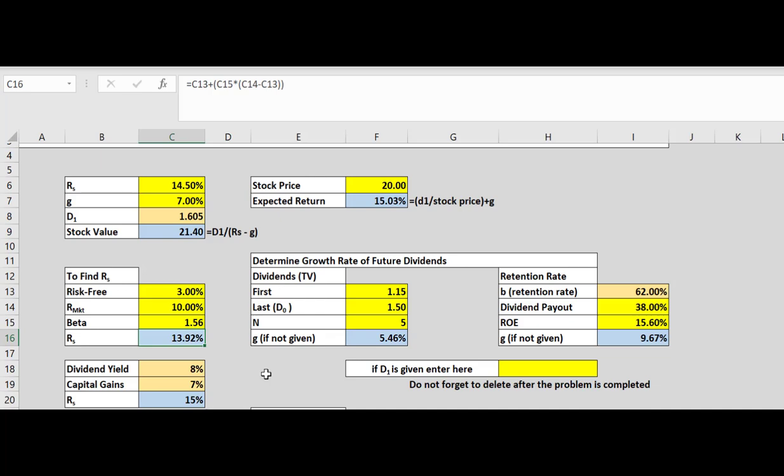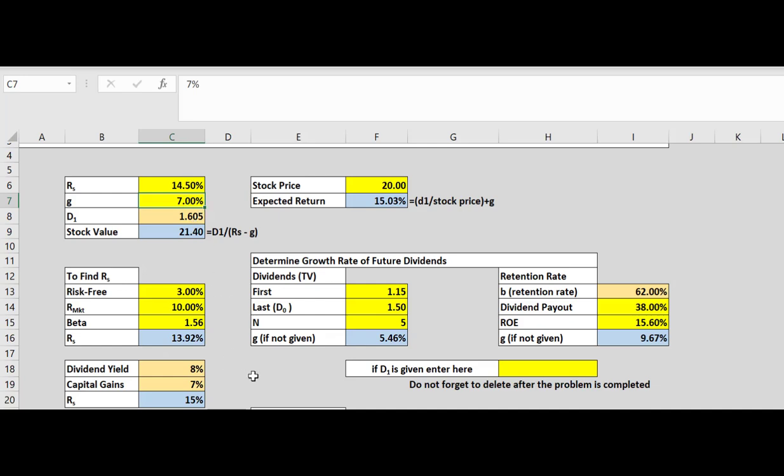Now we can also look at another way of looking at returns, and that involves the dividend yield plus capital gains. So how do we find the capital gains, this 7%? Well, that's what we refer to as this growth rate.